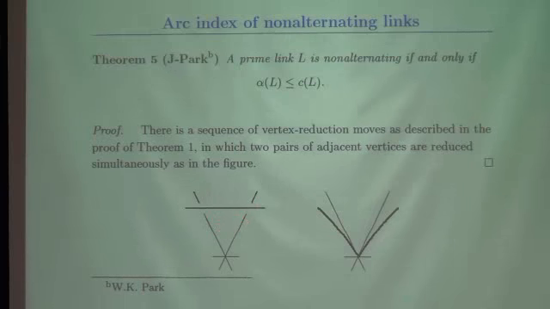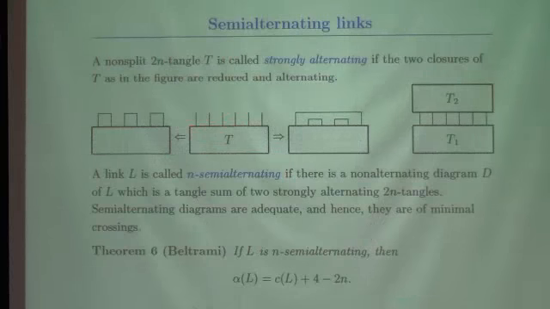Okay, so if two non-alternating edges are adjacent, then you cannot use both to reduce the number of regions. So you reduce by only one of them. Okay, and in this case, among all of these, except 2 of them, you can use all. You can use 4 of them to reduce the number of regions, basically.